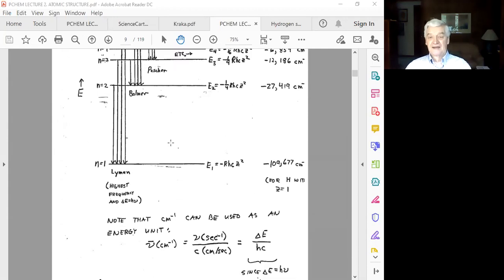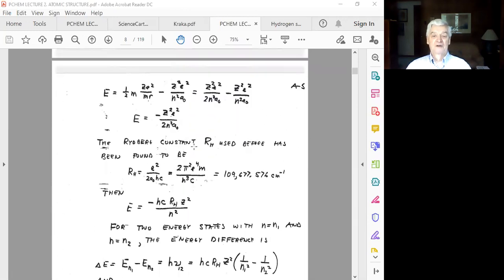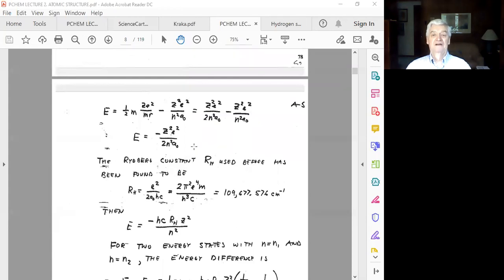Okay, so again, the scientific community was totally dazzled because now they had an exact mathematical formula that they could understand to predict the energy levels. So let's go back and look at that formula. I've written it in terms of a0, but it takes the charge of the electron and the mass of the electron, which were known quantities.